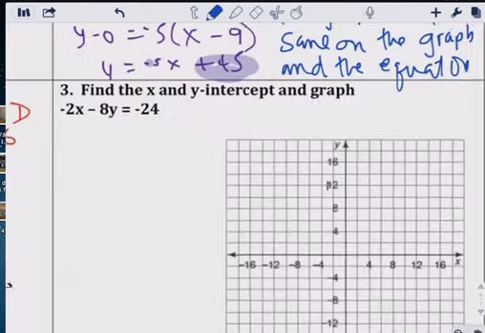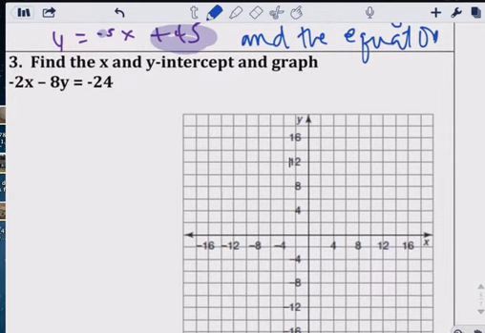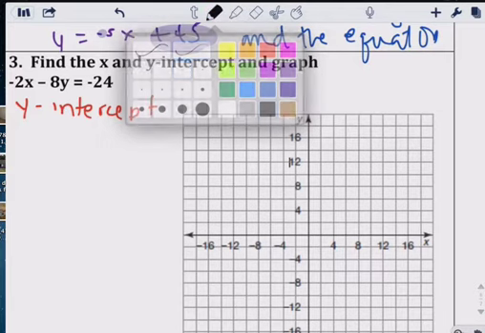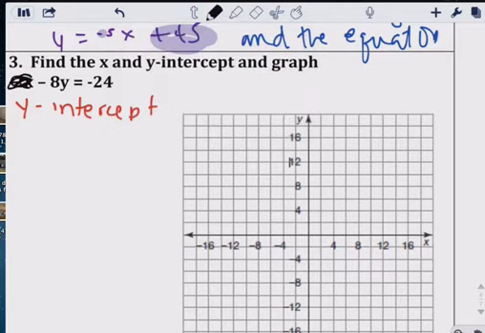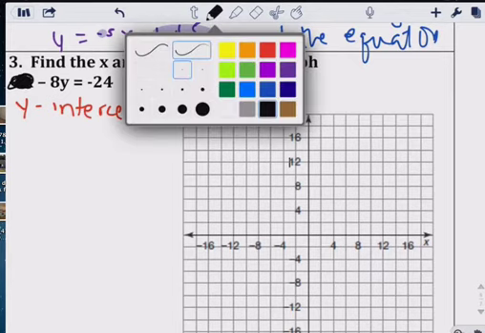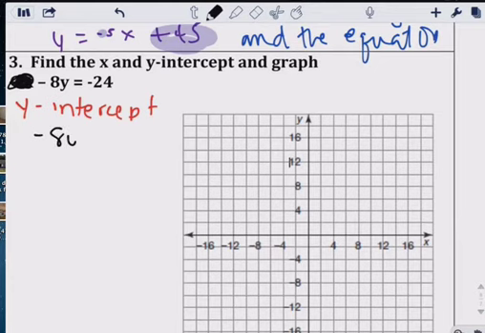Find the x and y intercepts and graph this. It's easy. Y-intercept. X is 0, so we pretend that x doesn't exist because 0 times -2 is 0. So that gives you only this problem to solve.